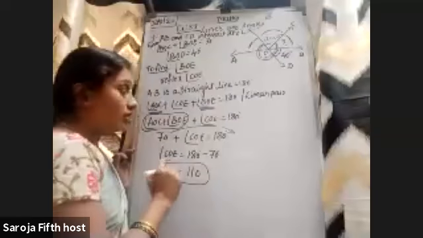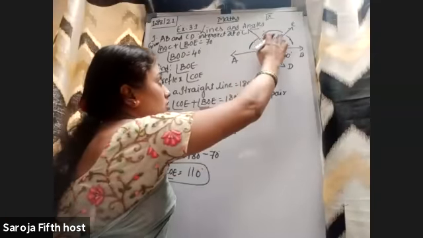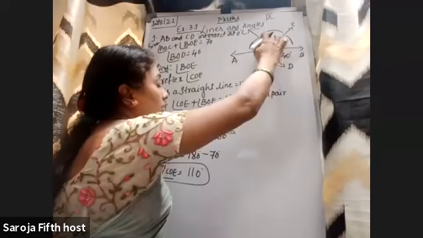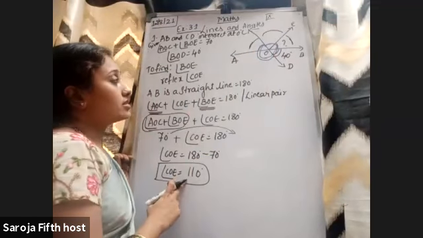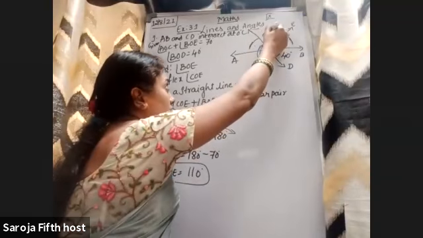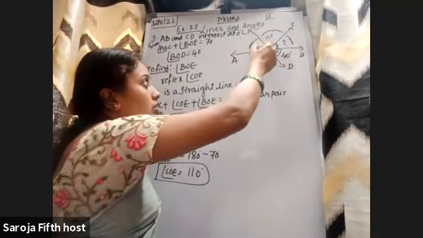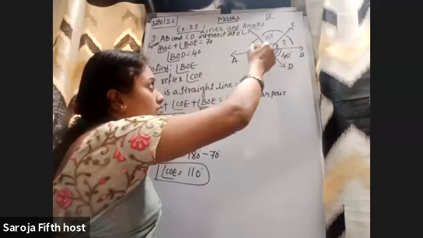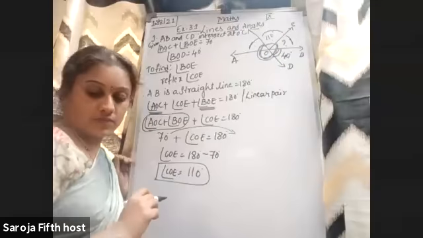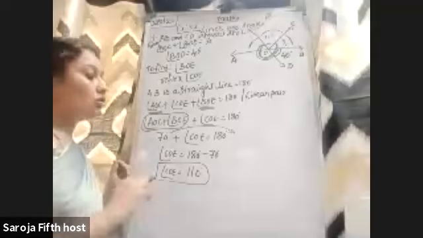Now we got 110 degrees, students. So this angle is an obtuse angle, 110 degrees. This angle we got now. Now you should find the angle COE, this reflex angle. Are you getting my point?